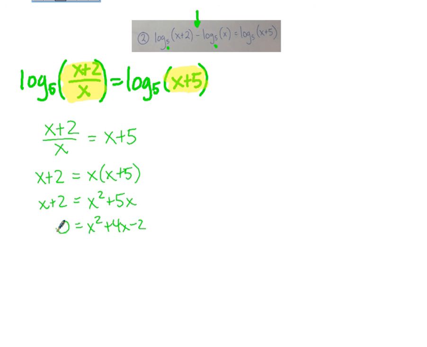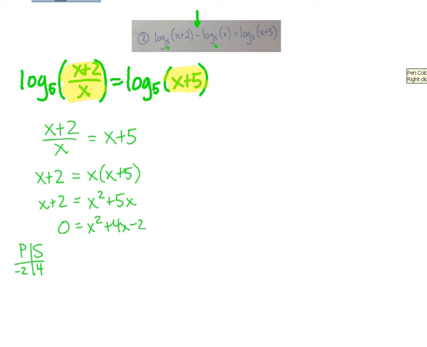I really wish I could factor this equation because that would make it easy. But in this case, my product is negative 2, my sum has to be positive 4, and there are no two numbers which multiply to give negative 2 and add up to 4.